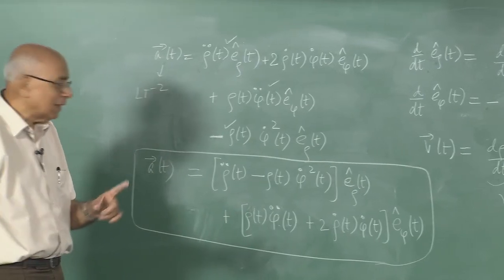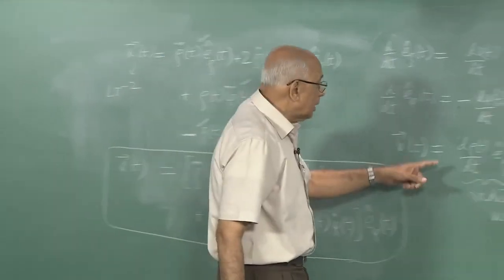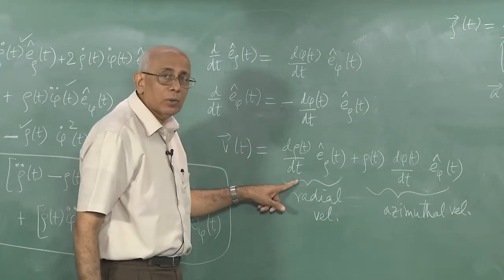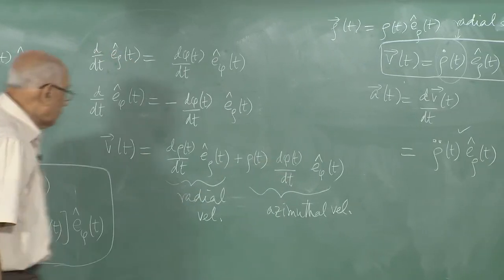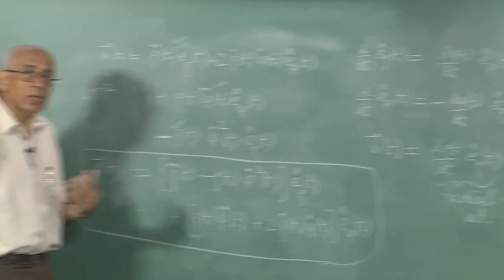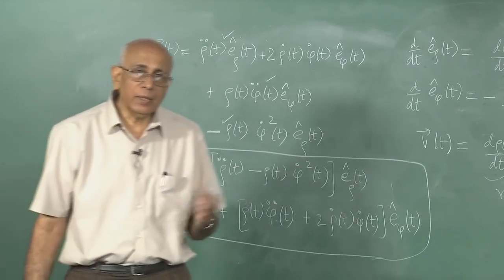Surprisingly, the radial portion, unlike the velocity, which just had a radial speed out here, and this was rho times the angular speed if you like, in the acceleration some new terms have appeared precisely because these unit vectors change with time.